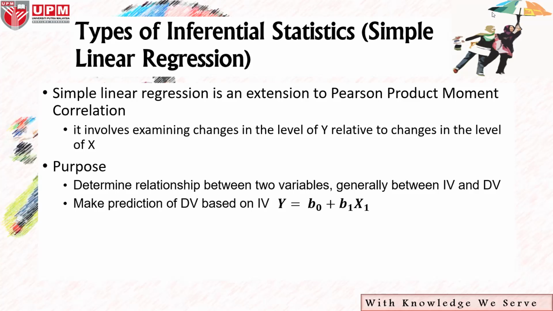We can confirm whether IV influences DV or not. It involves examining changes in the level of Y relative to changes in the level of X. The purpose of using simple linear regression is to determine the relationship between the two variables, IV and DV, and then to make predictions.